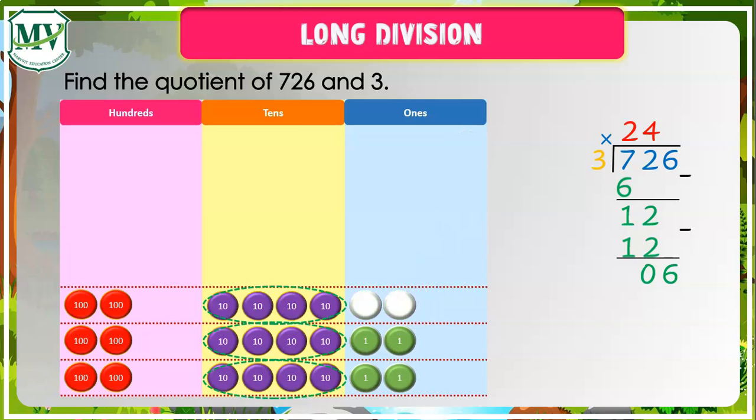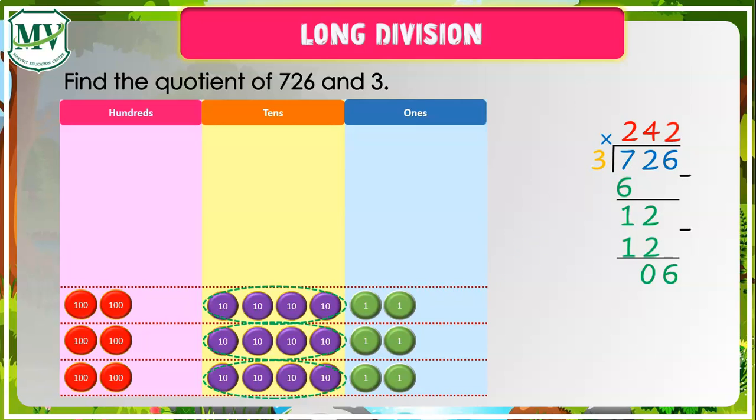That gives us 2 ones in each group. It means 6 divided by 3 is equal to 2. We will write 2 above the digit 6.